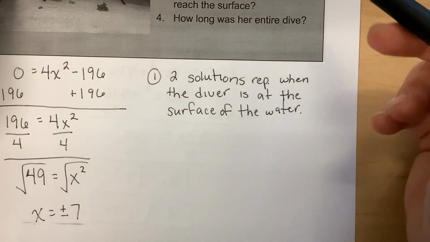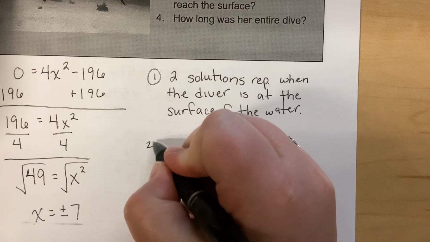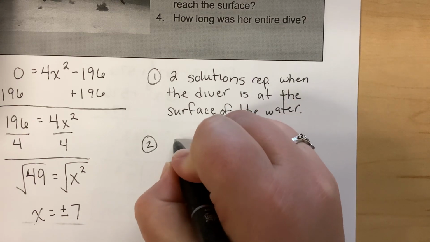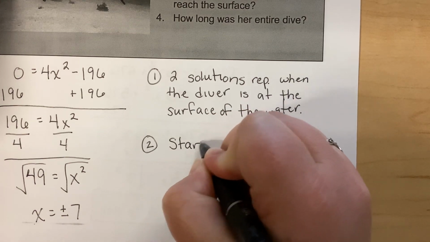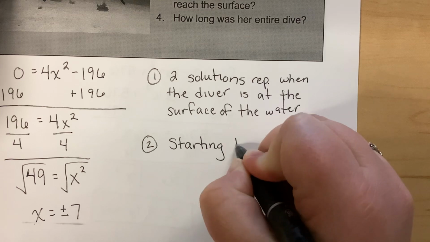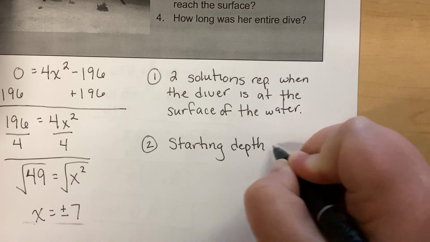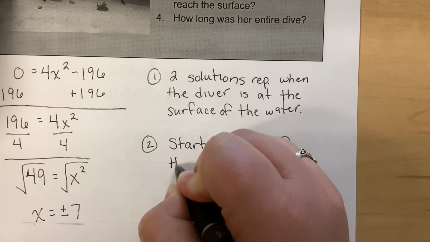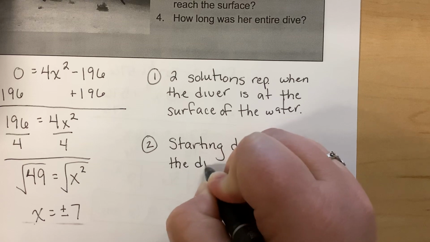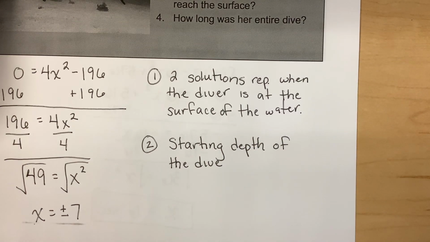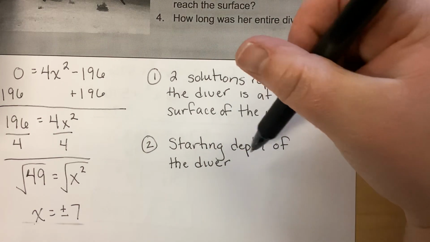Okay. Now the negative 196 is the starting depth of the diver. In other words, the diver started 196 feet below sea level, or below the surface of the water.